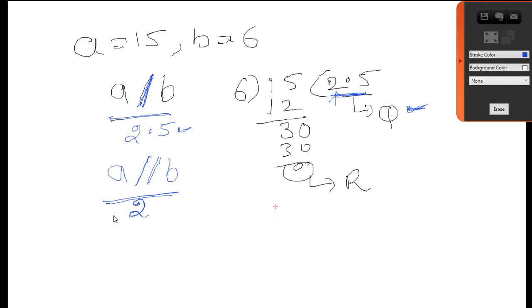Let me write here the calculation I am performing, that is 15 modulus, let me write once again please here. a is equal to 15 and b is equal to 6, let's say. Now I am writing a modulus b. So how can we calculate? a divided by b only.